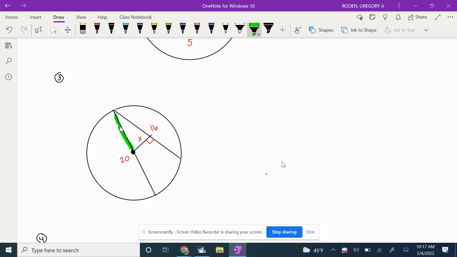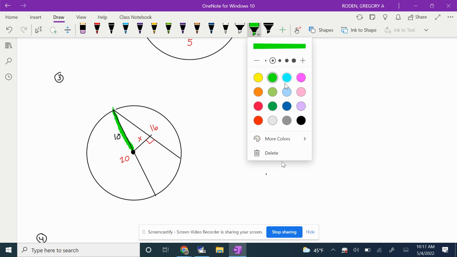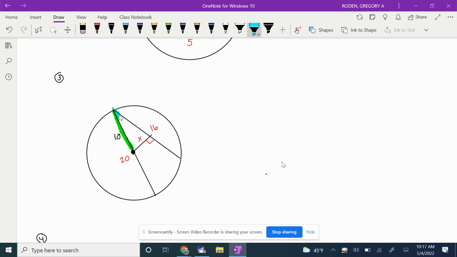How long is this little green chunk? Why is that 10? It's a diameter, right? So it's a radius. So that's pretty easily said 10, right? Now, we know that's a right angle there, so that's good. So whoever said the Pythagorean theorem is probably on the right track because it's a right angle. So now let's talk about this blue line right here. How long is that? Now it's 8.